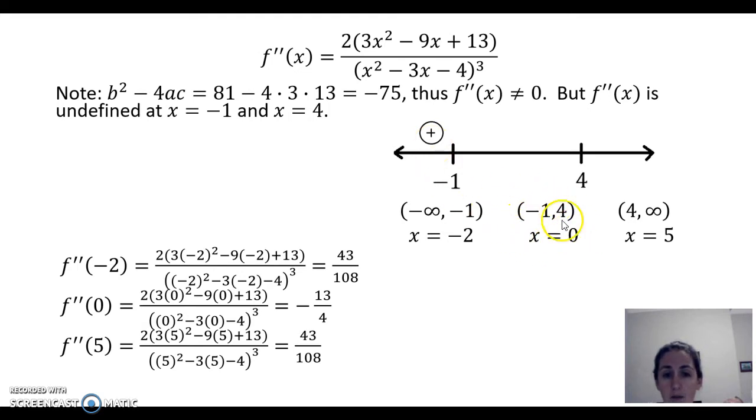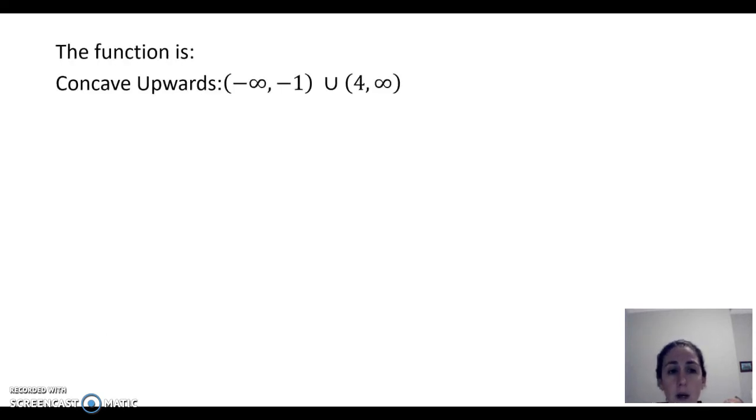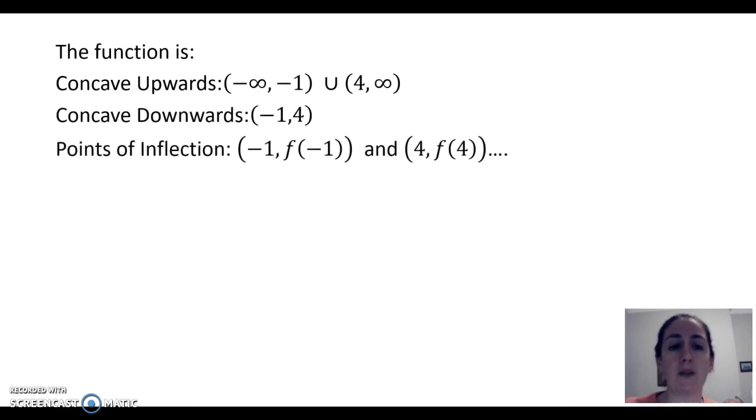On this entire interval, my second derivative is negative, so we're concave down. And on this entire interval, my second derivative was positive, so we're concave up. Now, we switched concavity at negative 1 and at 4, so we have 2 points of inflection. So we can see where we're concave upwards, where we're concave downwards, and that we have 2 points of inflection.